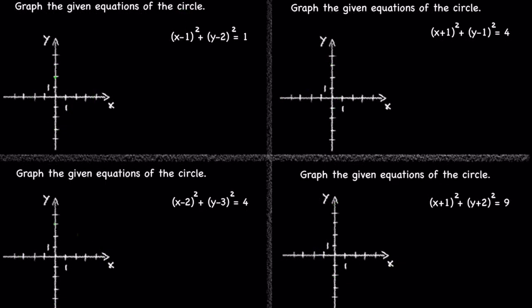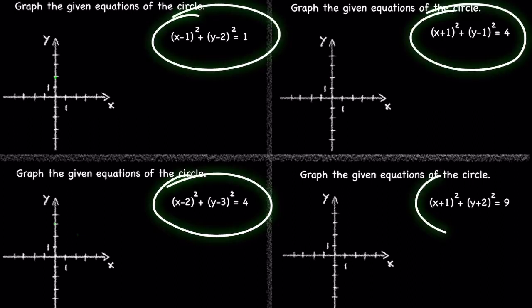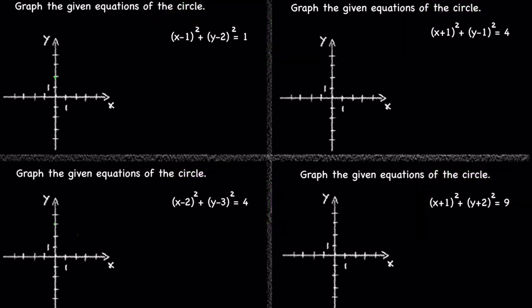Let's look at the last four examples where we have to graph these four equations. The first equation is (x minus 1) squared plus (y minus 2) squared equals 1. We know that the standard equation of a circle has exactly this form, so the center of the circle is 1, 2, which is here in the xy plane. The next step is to know what the radius is. In the standard equation for a circle, the radius is that number which is squared.